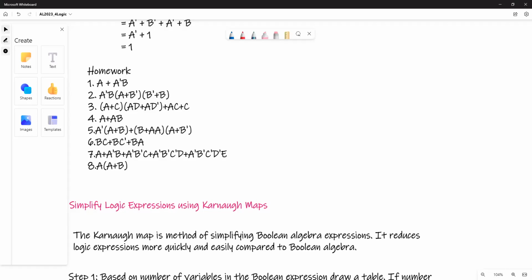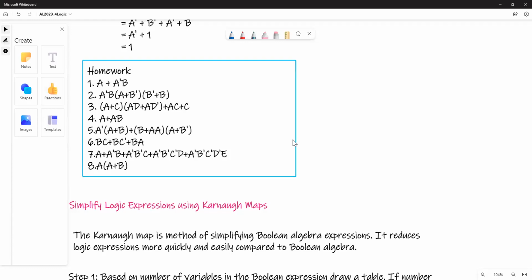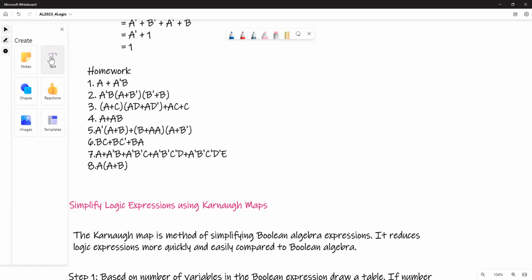Okay, so simplifying Boolean using Boolean expressions, always remember you better write the steps, right? So for example, this first one, what we have is A plus A bar B. Now, if you look at A plus A bar B, you need to simplify this.